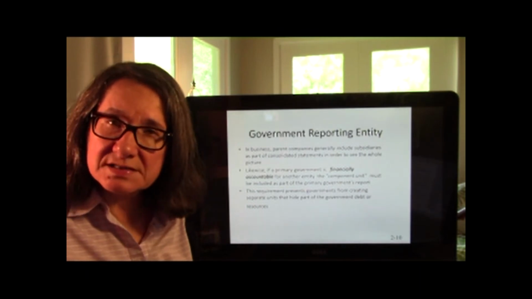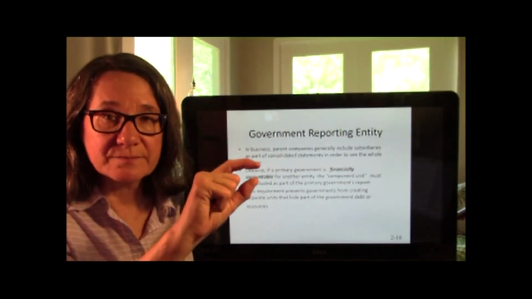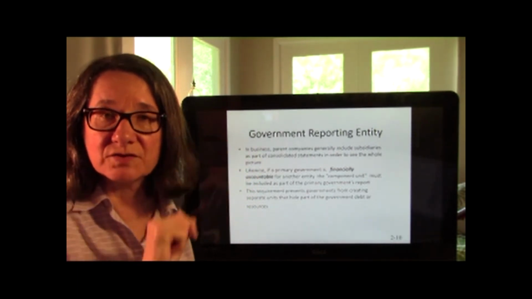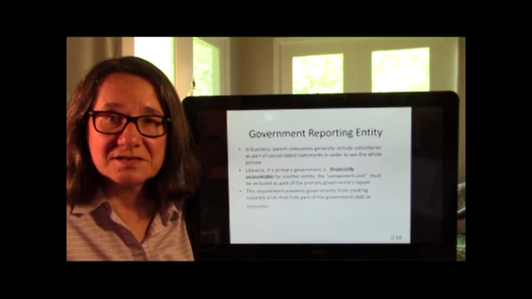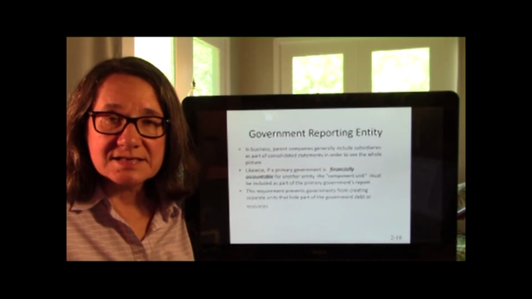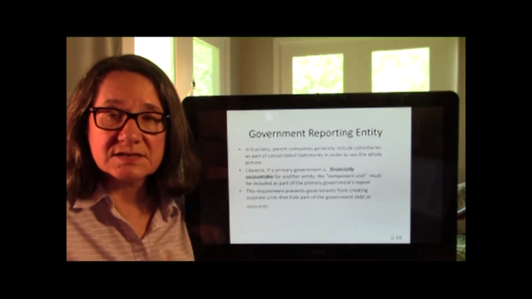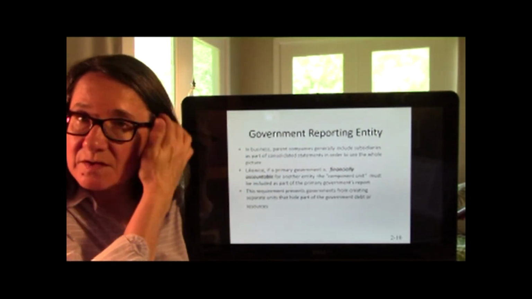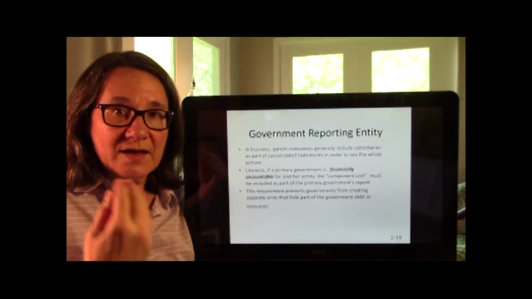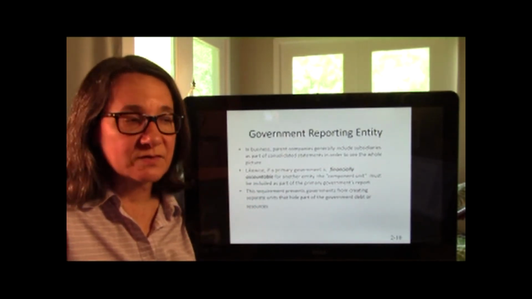And if you go look at the state of Texas, you'll see a component entity that says colleges and universities, and there's a column, and that includes all the millions of dollars in assets and liabilities that belong to all the universities. Now, you can go to the back of the state of Texas and you'll see where they break out each system and they have the financial statements. So that's what we mean by a component. It's a part of another governmental entity.